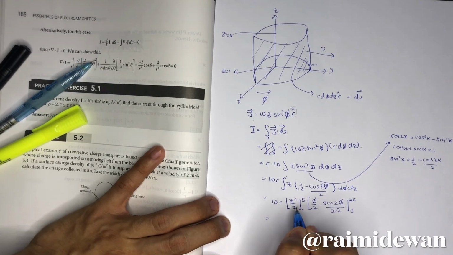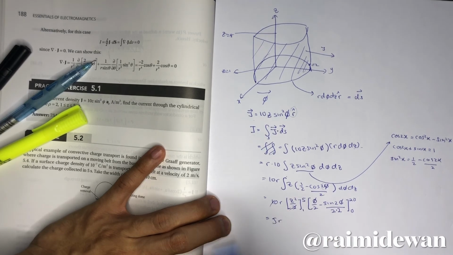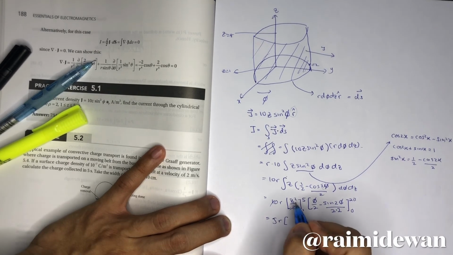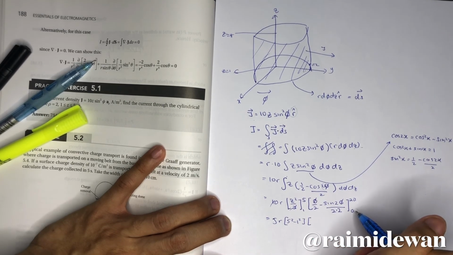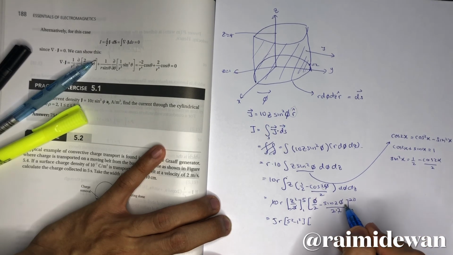Now we don't want to make the calculation difficult. You just take out 10 divided by 2, you will have 5r. Then you have 5 squared minus 1 squared. For the sine term, you know that 0 over 2 is 0, and sine 0 is 0, so it's still 0 and we just take this answer, because sine 2π or sine 4π, sine 360°, all result in 0.